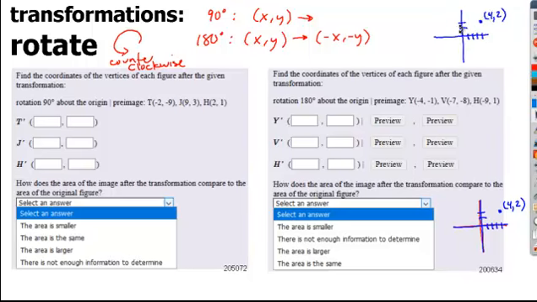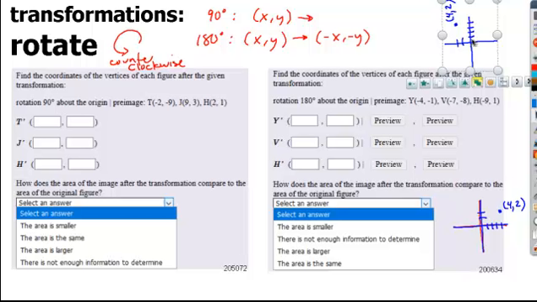Okay, so let's take a look at what happens with the 90 degrees. So here's my original. If I rotate this 90 degrees in a counterclockwise rotation, notice what happens to my coordinates. My new coordinate for this rotated point is now -2, +4. So the transformation rule that applies here is my new x coordinate is the opposite of my original y, so -y, and my new y coordinate is the original x.